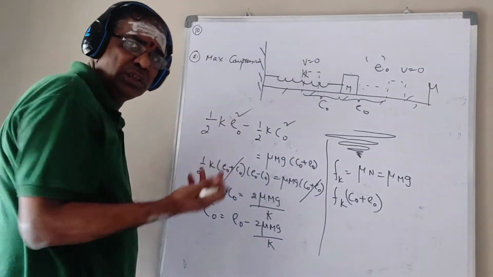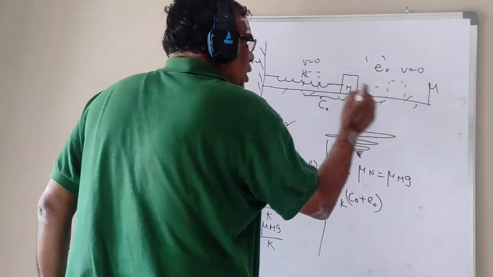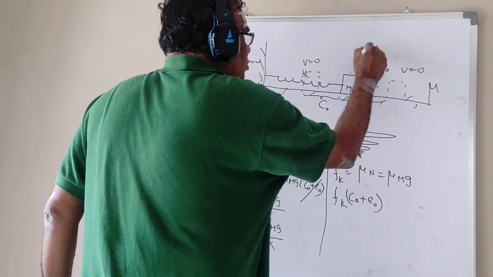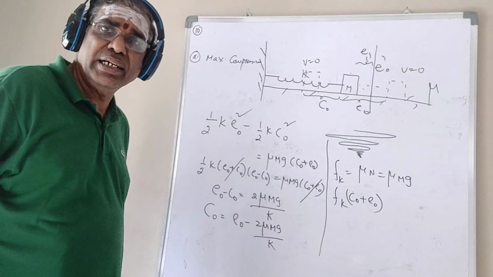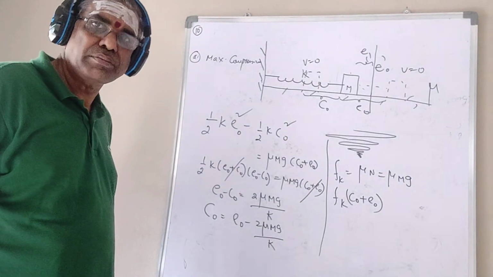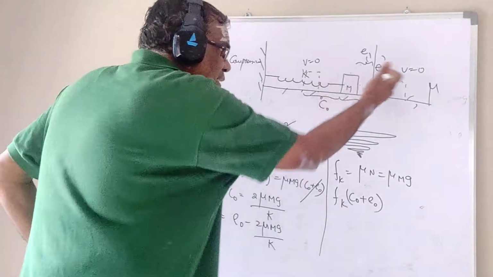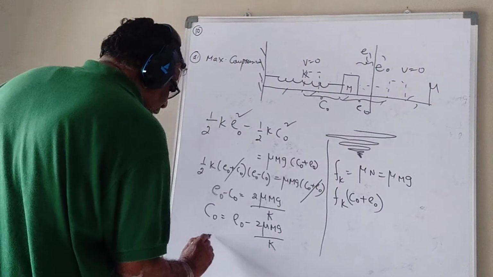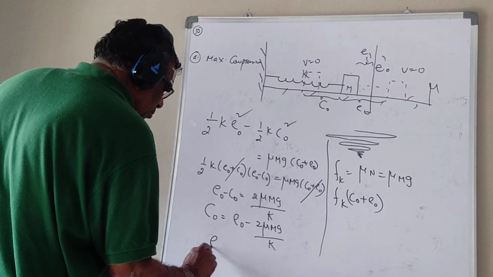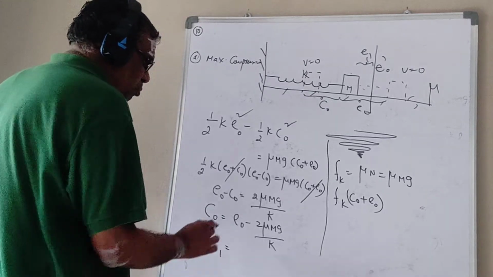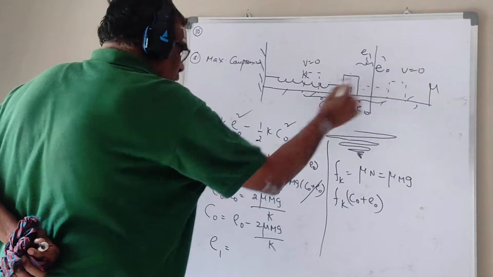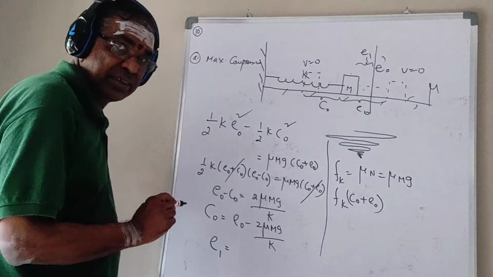It won't stop there, it will go and come somewhere here. I take it as E1. What is the next highest elongation of the spring? By analogy, if it is E0, you got C0 as this.